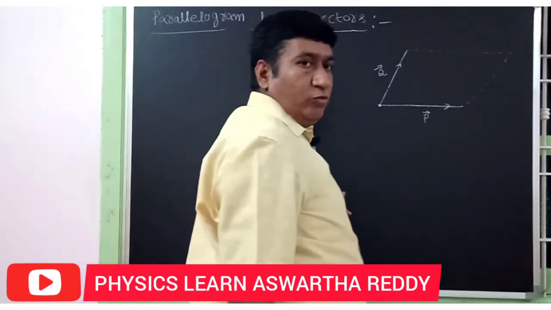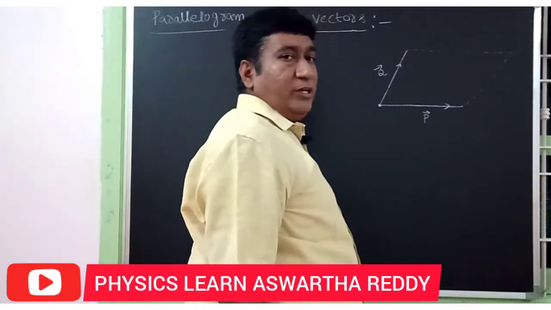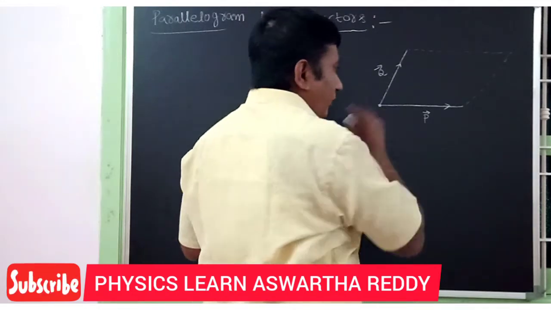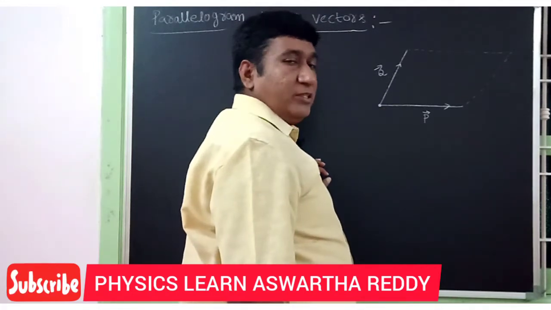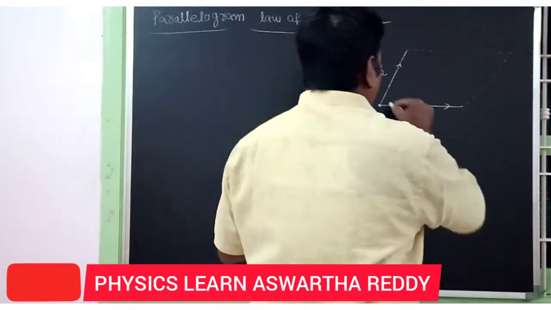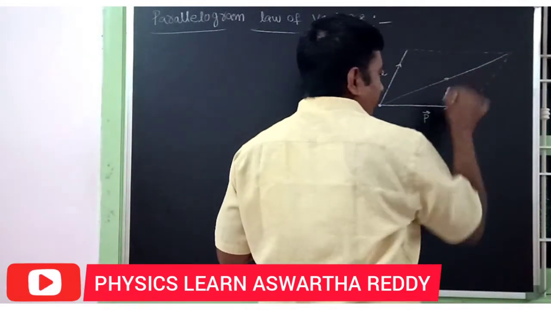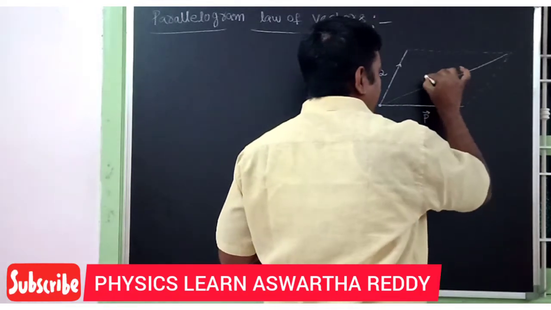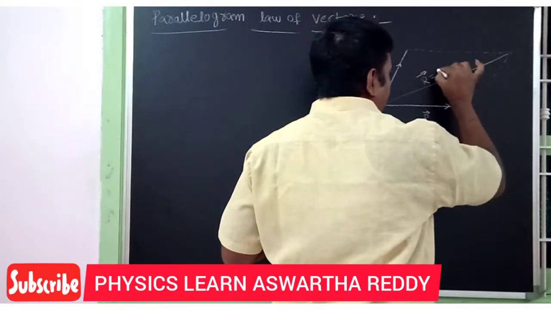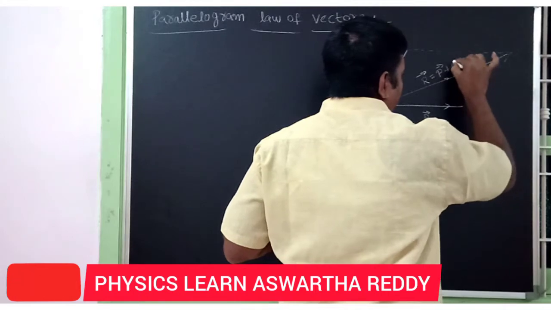This P vector and Q vector have both magnitude and direction. The resultant of this is given by the diagonal passing through the same point. If you draw a diagonal, this will be the diagonal. So this which we have written here as R vector is equal to P vector plus Q vector.